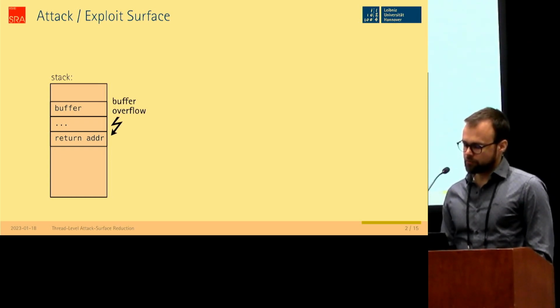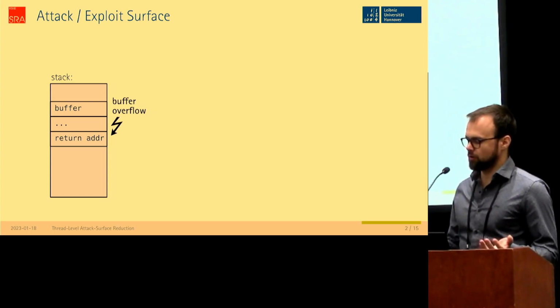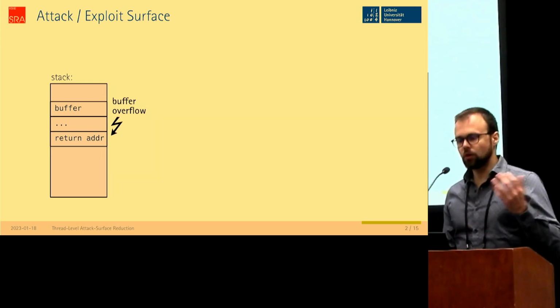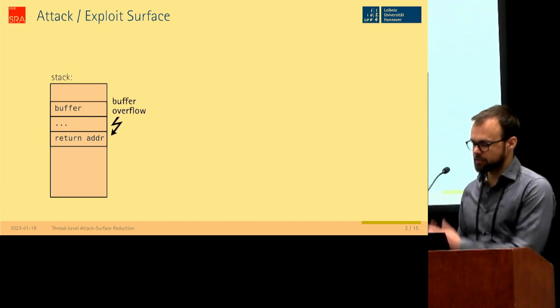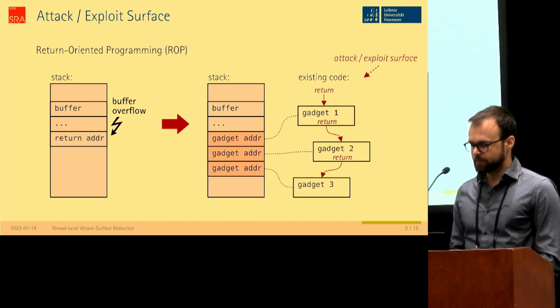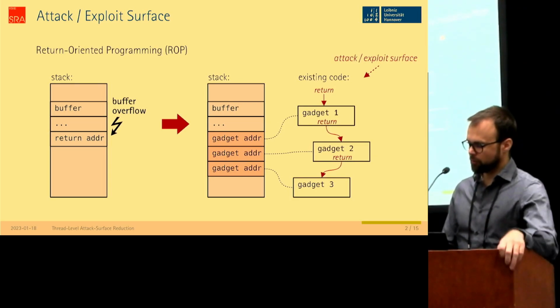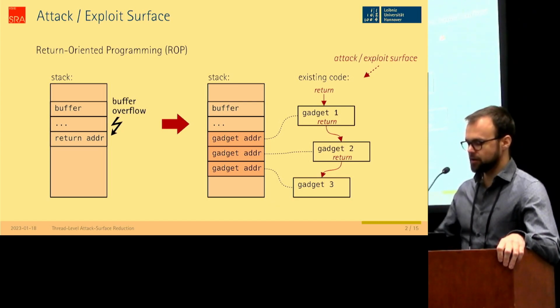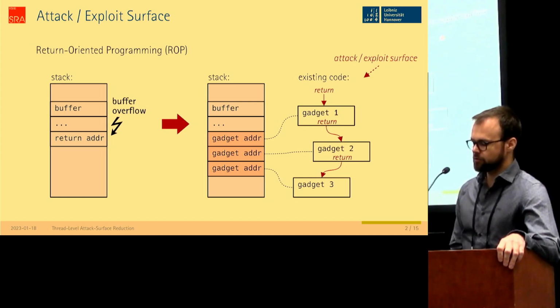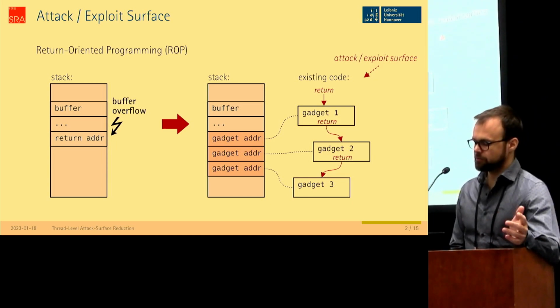In modern systems, of course, the attacker cannot inject code directly, as executable code is usually write protected, so the attacker must use the existing code to achieve their malicious task. This can be achieved with return-oriented programming, for example, where the attacker creates a chain of return addresses on the stack to jump between small code pieces that we call gadgets, each finishing with a return instruction, jumping to the next one.